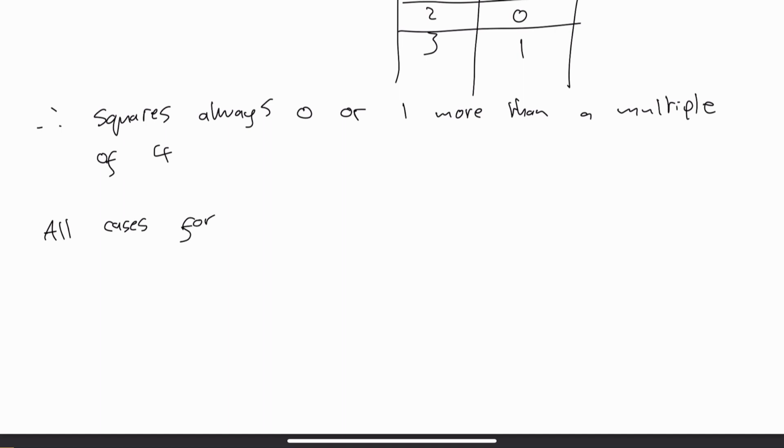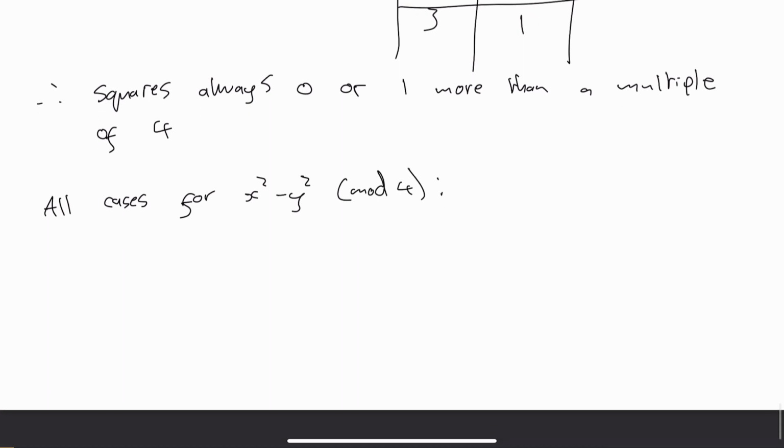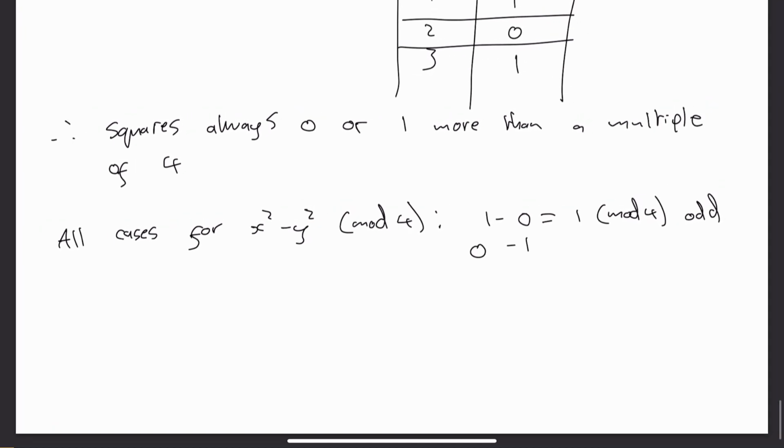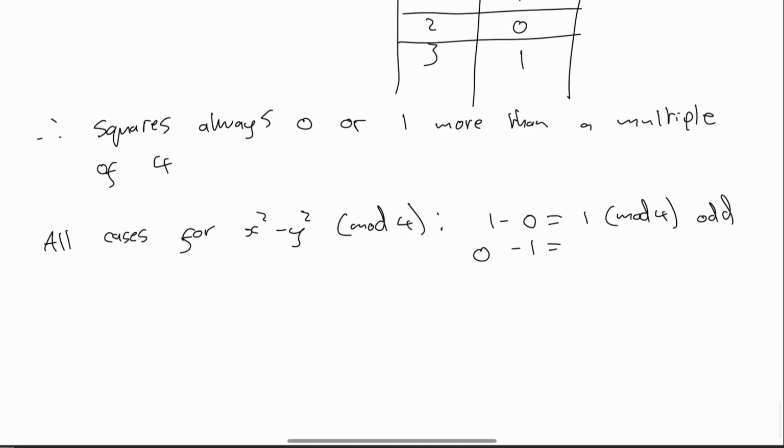So now if we were to actually brute force all cases for x squared minus y squared mod 4, it would look like this. So we could have 1 minus 0, which is equal to 1 mod 4, which is odd. Then we could also have 0 minus 1, which is equal to minus 1, which is equal to 3 mod 4, which is odd.